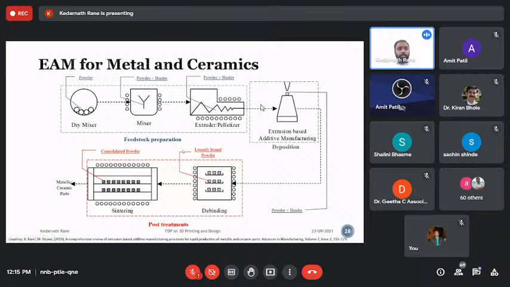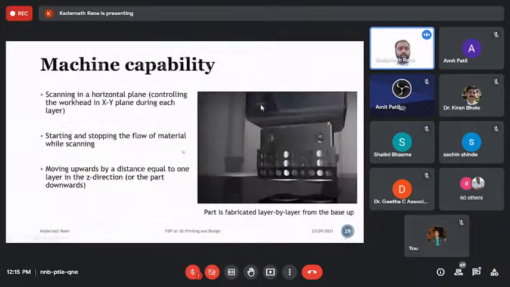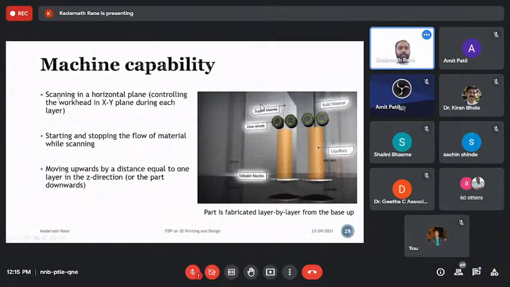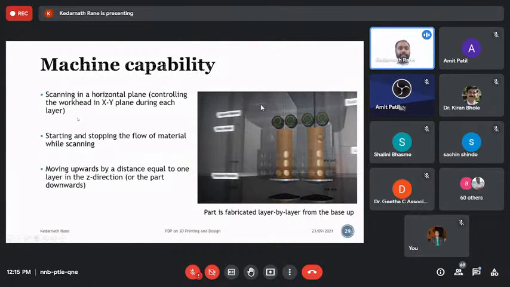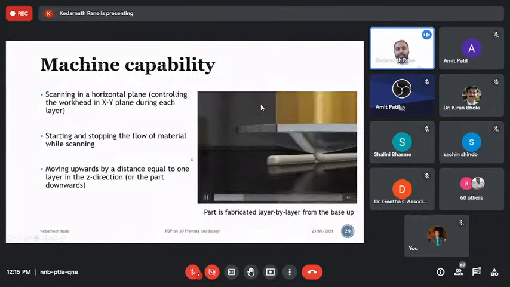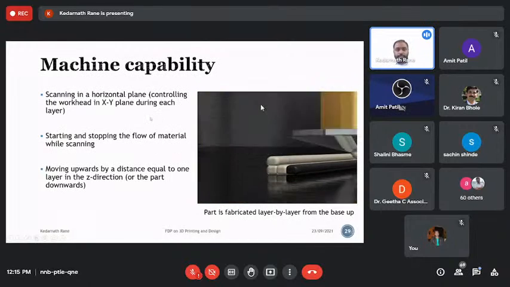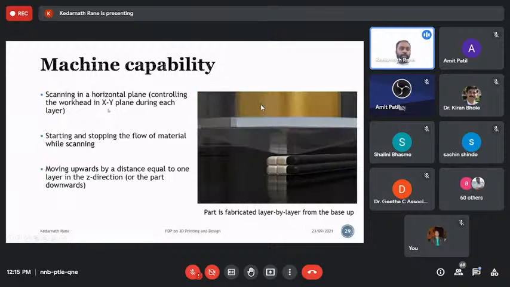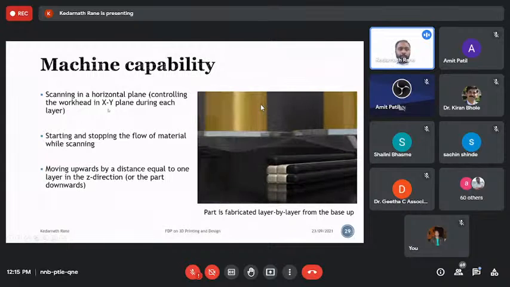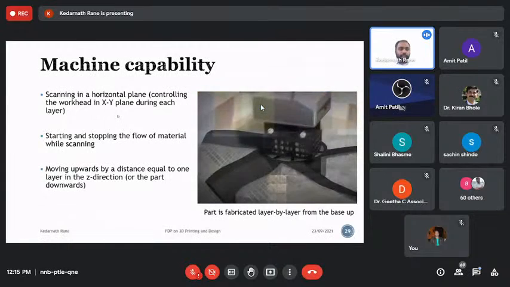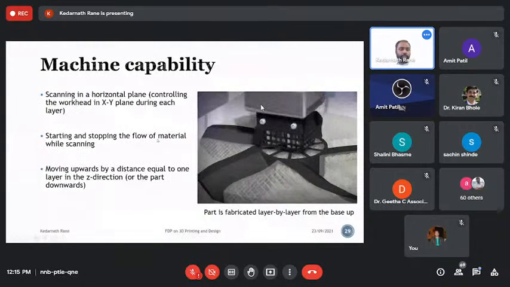So let's dive more into the EM process now. We require a machine which should scan in the horizontal plane, but again, this is limited to the Cartesian system. We will see other systems as well. The typical controlling happens in the XY plane for this kind of system.